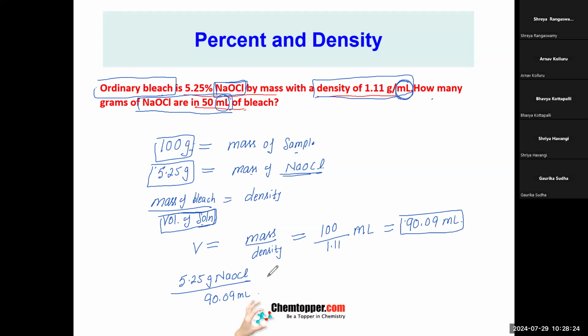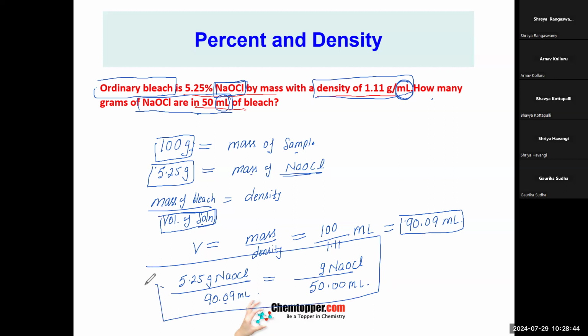And then can you convert this 90.09 ml as 50 ml? That's what they're asking. And then I need to know the grams of NaOCl. So I'm using this ratio to get the grams of NaOCl. I can do this question by dimensional also, but right now I've done like this. Can you work out this answer? And that will be the answer of the question.